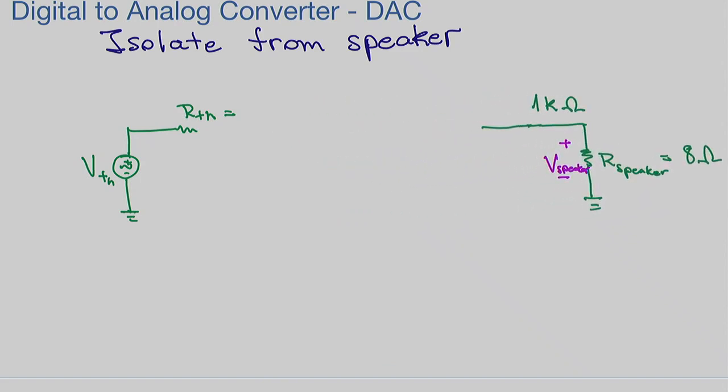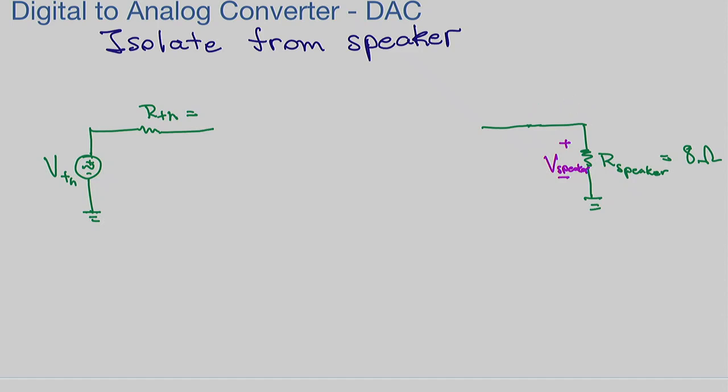So we want to isolate these two. And in the middle here, we're going to put an op-amp. I'm going to start labeling things here, to make this connection very nice and clear to everyone.